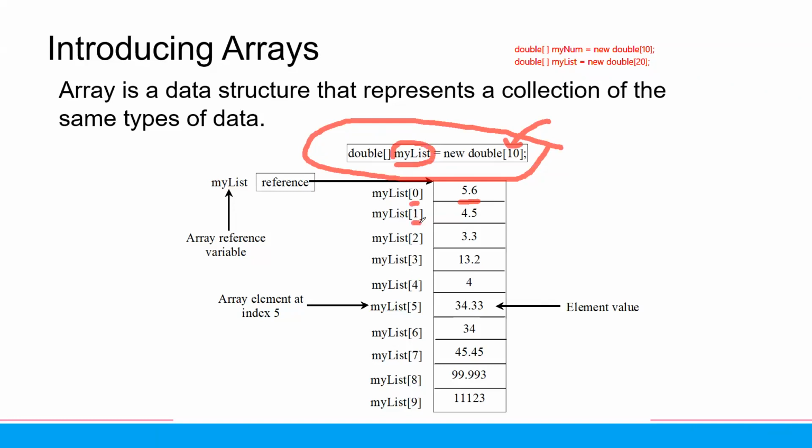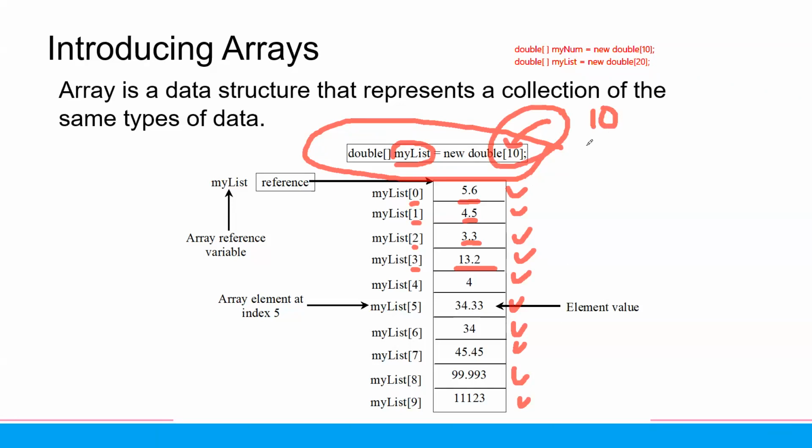In the index 1, I have 4.5. In the index 2, I have 3.3. In the index 3, I have 13.2. So I will have like 1, 2, 3, 4, 5, 6, 7, 8, 9, 10. This is the same as the definition here. I prepare 10 places.